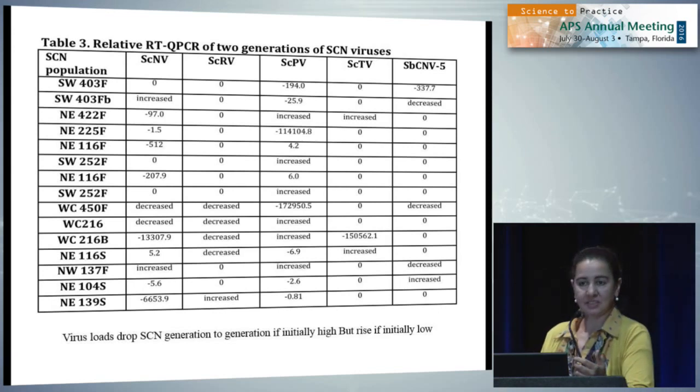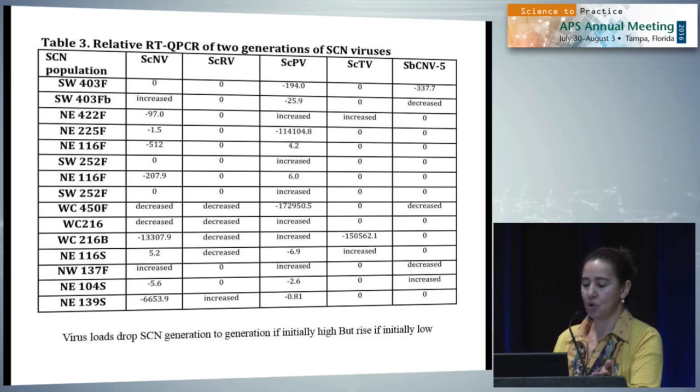Many people started questioning the viral discovery, and we wanted to know whether the viruses really had an impact on the nematode. So instead of doing experiments from our greenhouse isolates, we decided to take field populations and grow them several generations in the greenhouse and follow up the viral load.